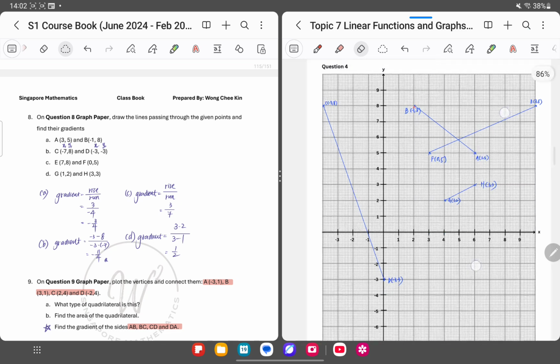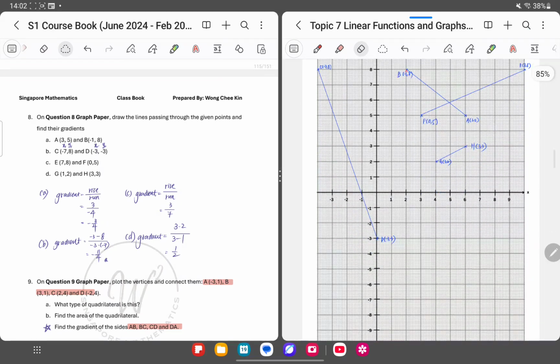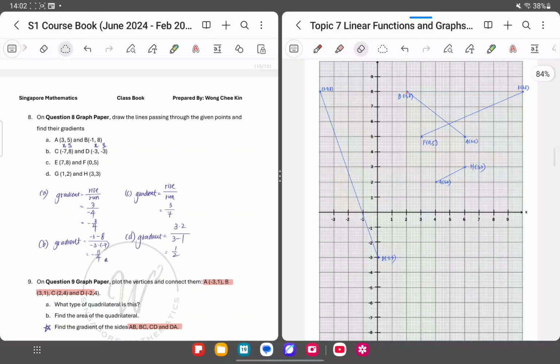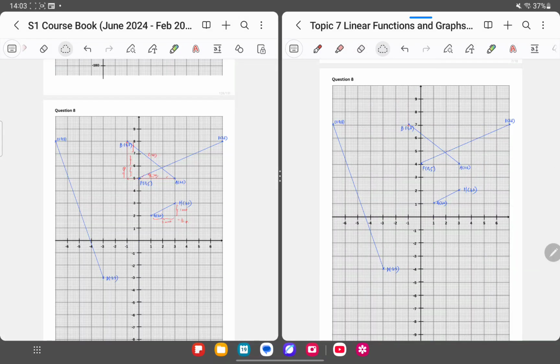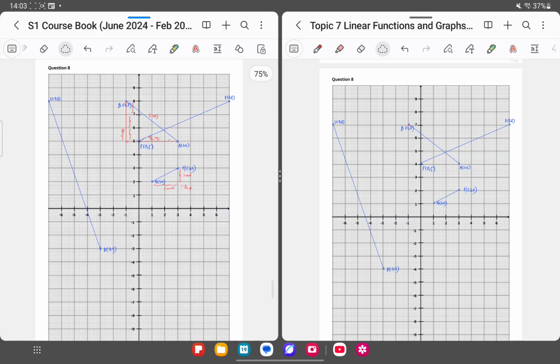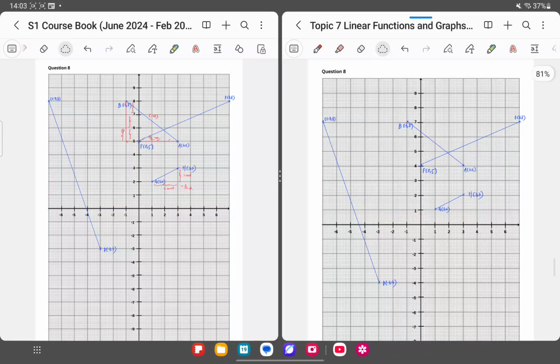Okay, so now go to question 8. Go to question 8 and then you are supposed to draw the graph from here. But I want to focus more on your gradients part. So when you already have your point and gradients, this is where you can plot and then you straight away draw the line, right?